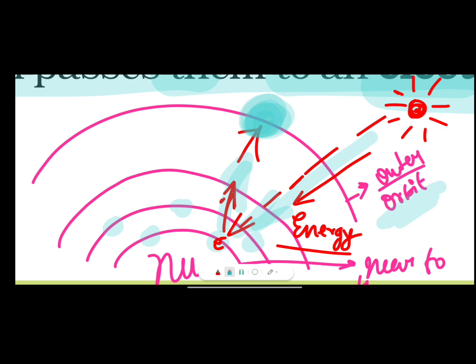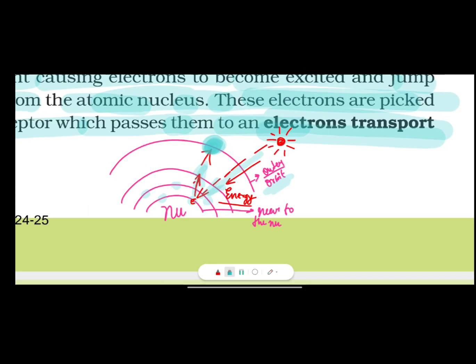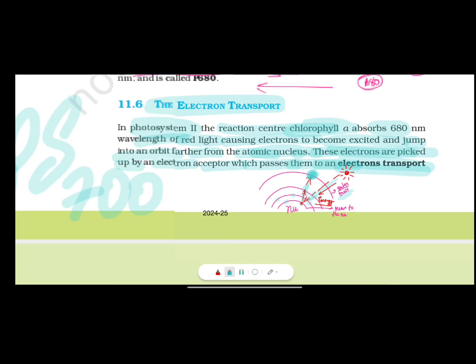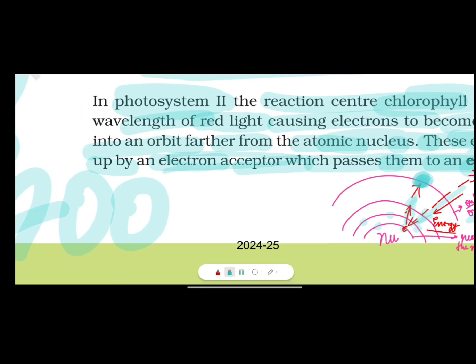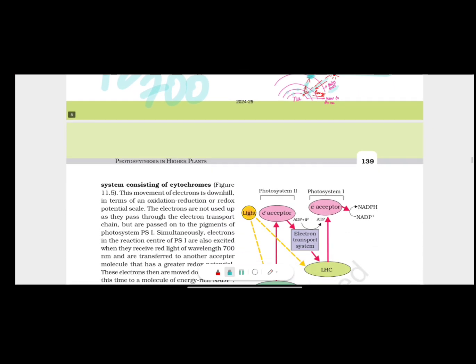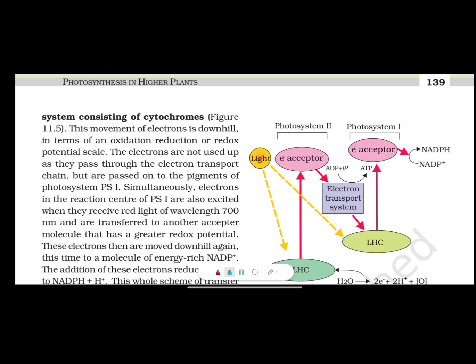As it moves to the outer orbital, an electron acceptor comes over here. As the electrons pass through this, as they have shown here, it goes inside the electron transport system and hence goes to the second light harvesting system, and again the same process occurs.